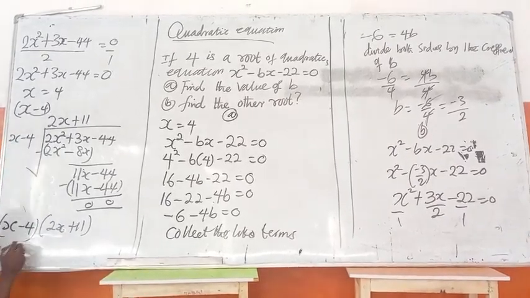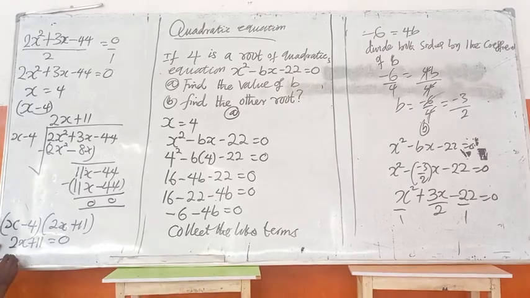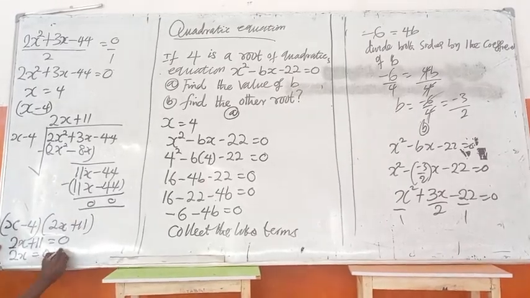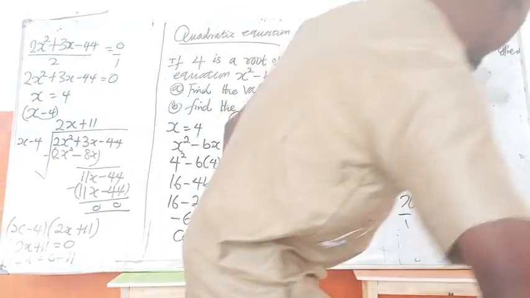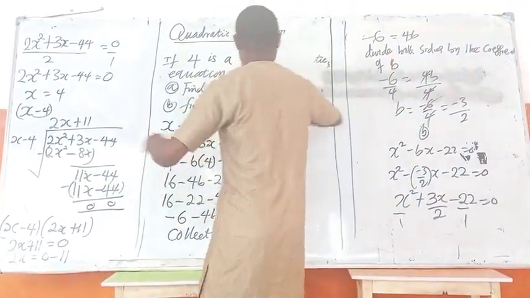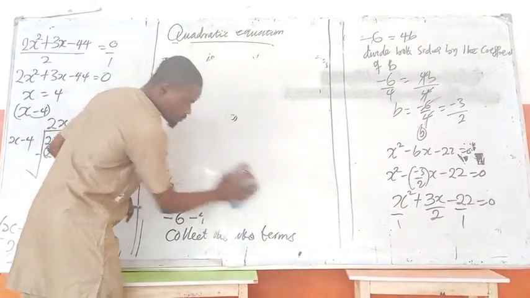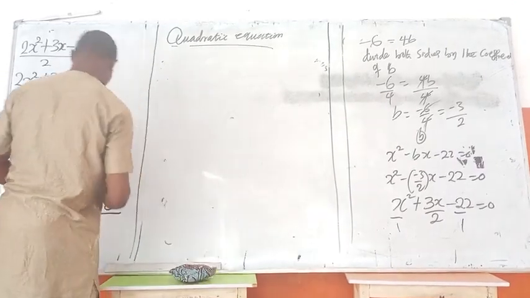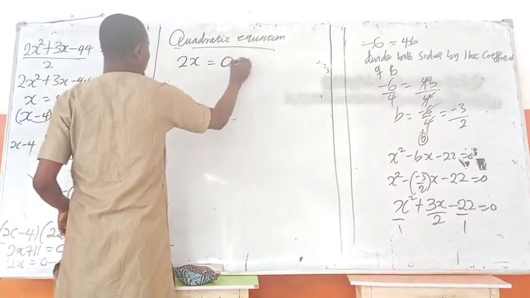So we have 2s plus 11 is equal to 0, which means 2s is equal to 0 minus 11.